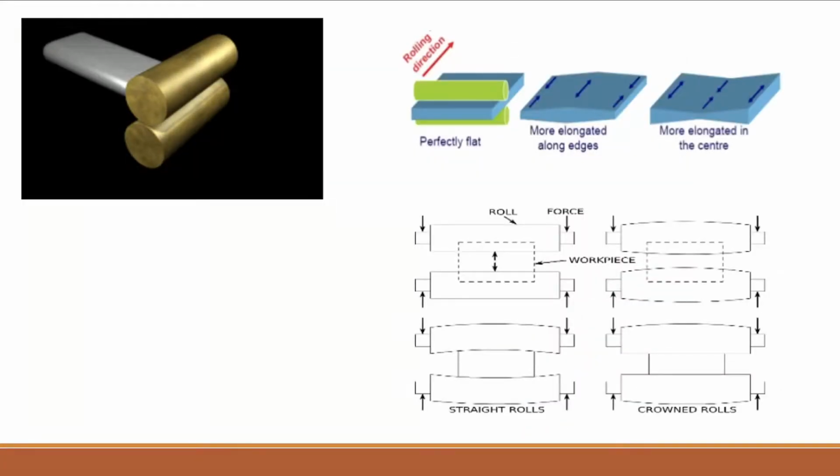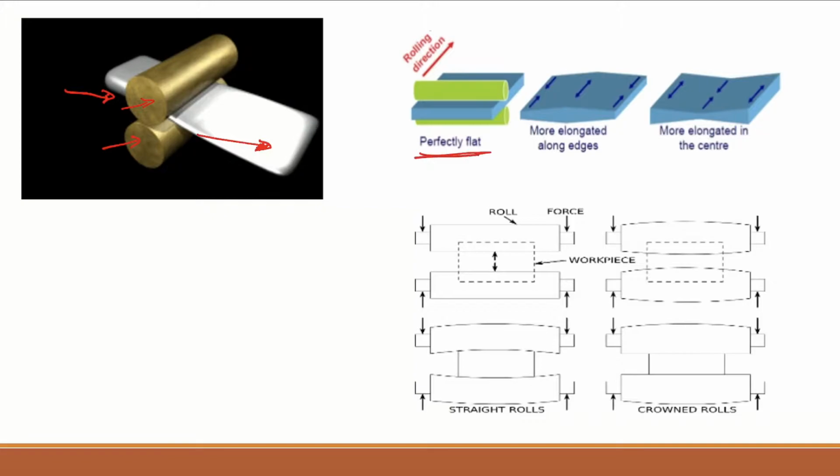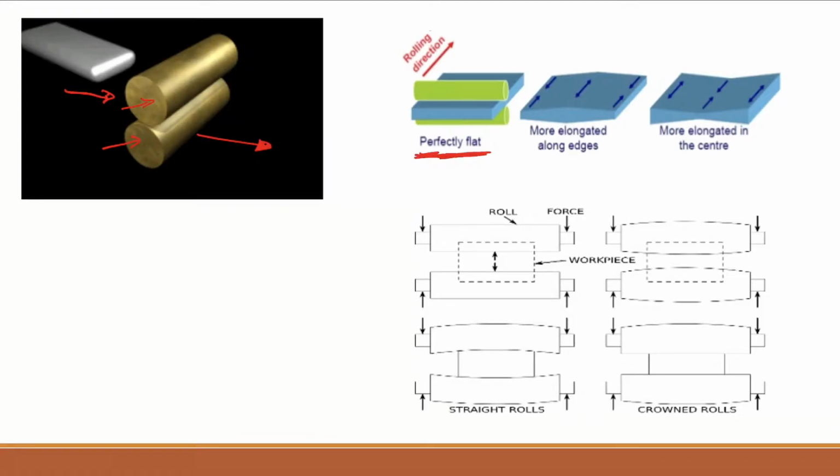As you can see here, this is the rolling operation and here we got a desired shape by these two rollers, right? But sometimes we want a perfectly flat output, but we don't get a perfectly flat output from these rollers.